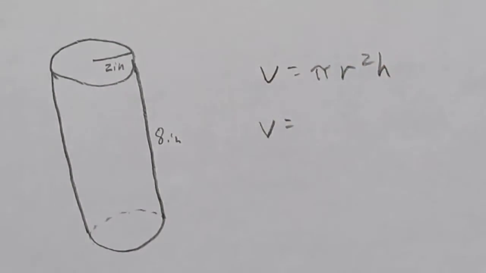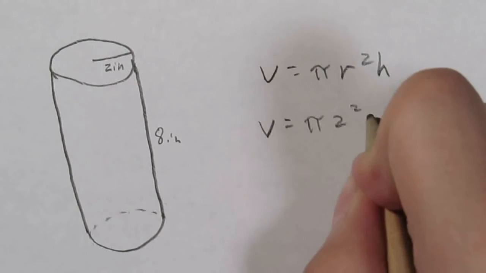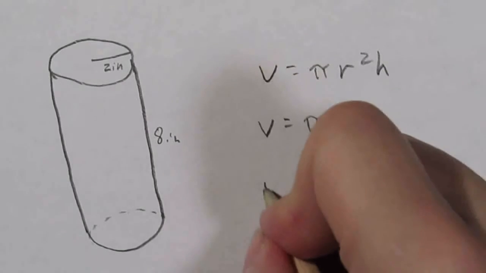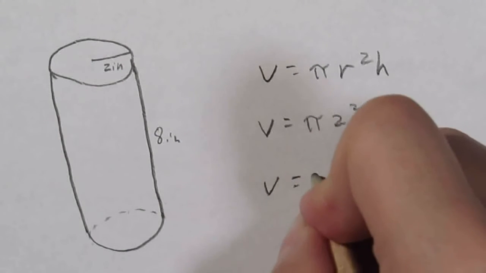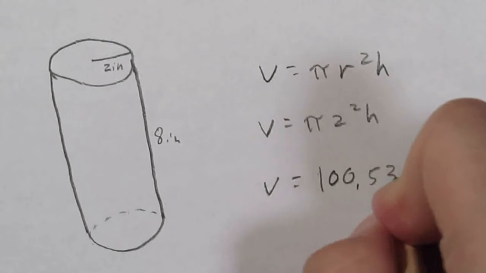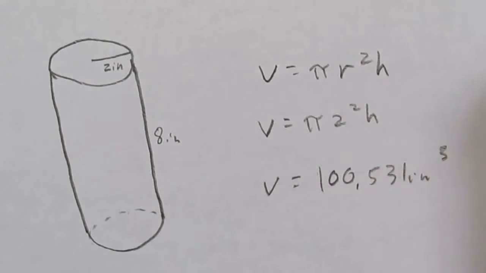So in this case, V equals pi 2 squared times the height. And then I'm just going to plug that in quickly because it's easier to just calculate pi on a calculator, more accurate result. So in this case, you're actually going to get the volume equaling 100.531, and that's going to be inches cubed.